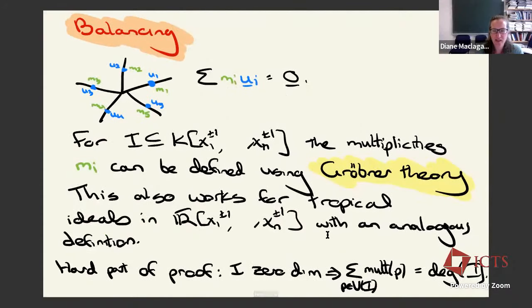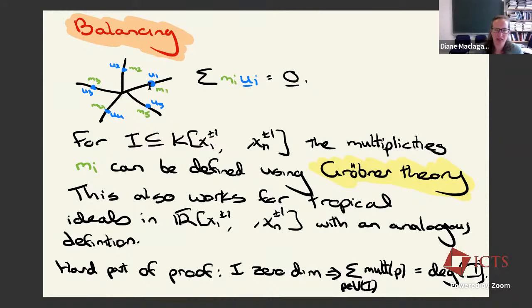And maybe the last thing I want to say is just to talk about the balancing condition very quickly. So the balancing condition is this sort of engine for tropical varieties that lets us make these connections with cohomology of toric varieties and things like this. This idea that we're going to assign weights to the top dimensional cells so that the sum satisfies the zero tension condition.